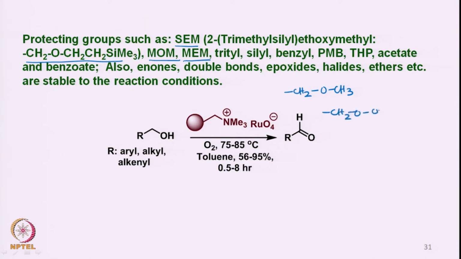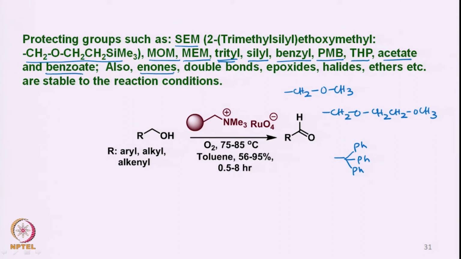So, you have CH2 CH2 O CH3. Then the trityl group, which is nothing but this type of substrate from the oxygen here. Then you have a silyl group, benzyl group, paramethoxybenzyl group, tetrahydropyranyl group, acetate and benzoate protections.